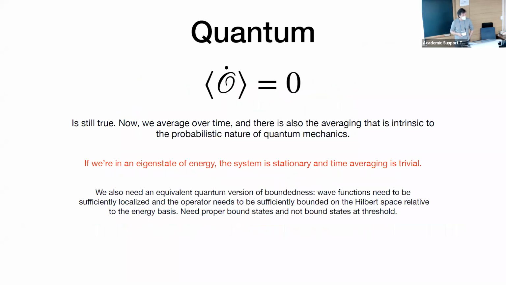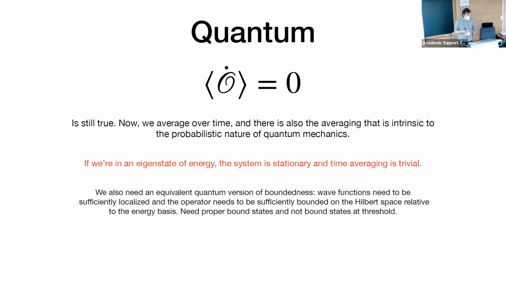Okay. What's the quantum version? The quantum version is we do the same. We take a Hamiltonian system, and then we average over time, and then we integrate O dot between something in the far past towards something in the far future. And then we need to assume that O is sufficiently well behaved in the state that we want so that it has some property that's sufficiently close to being bounded for the state that we want.